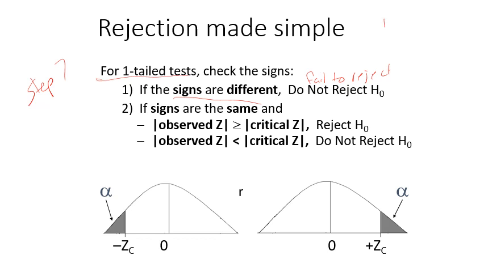So if HA is less than, then observed has to be negative to reject.